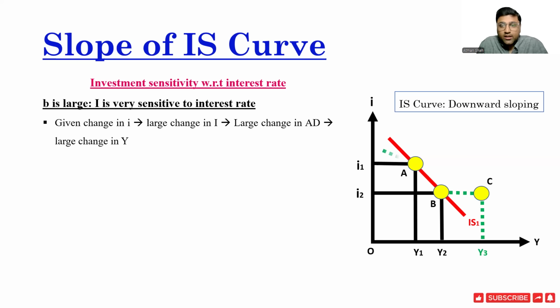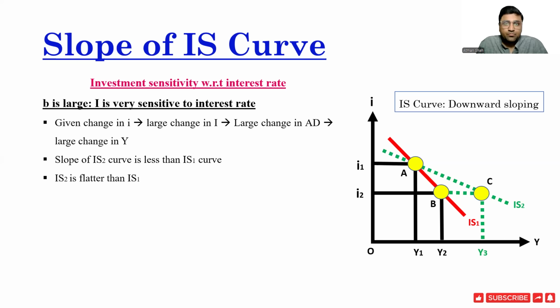And then when you join points A and C, we have a new IS curve called IS2. And you can see the slope of the IS2 curve is less than IS1. That means IS2 is flatter than IS1. So if B is large, we have a flatter IS curve.